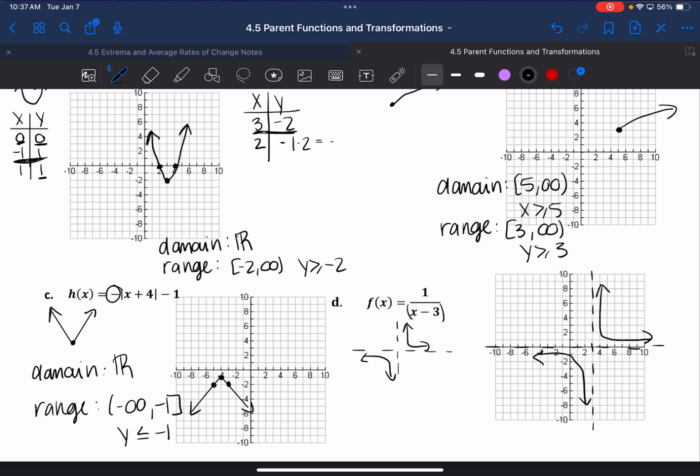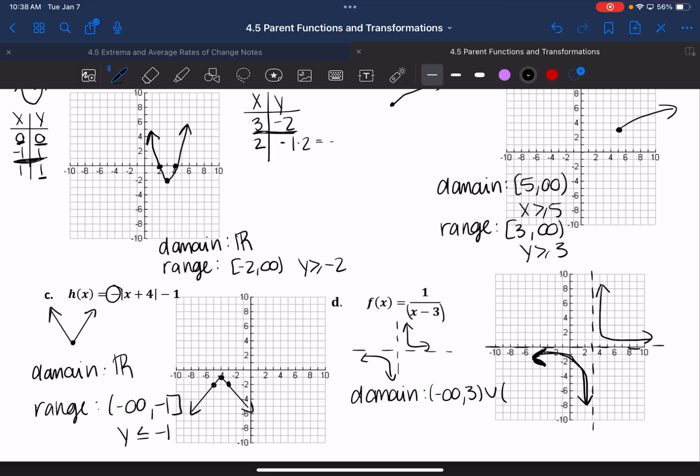So what would we say that the domain of this one is? Where does it start at? If I'm going this way, where am I headed? Right, so from negative infinity, and it continues all the way until here, when it gets really close to that vertical asymptote, which is at 3.